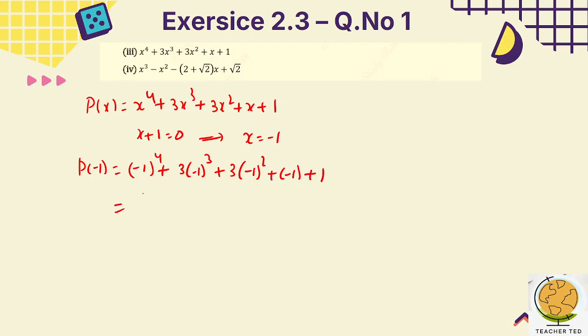So again, fourth power, it's a positive one, and here minus 1 into minus 1 into minus 1 becomes minus 1. Minus 1 into plus 3 is minus 3. This will become plus 3 minus 1 plus 1. So what will happen here? 1, 3, 1. It becomes 5.